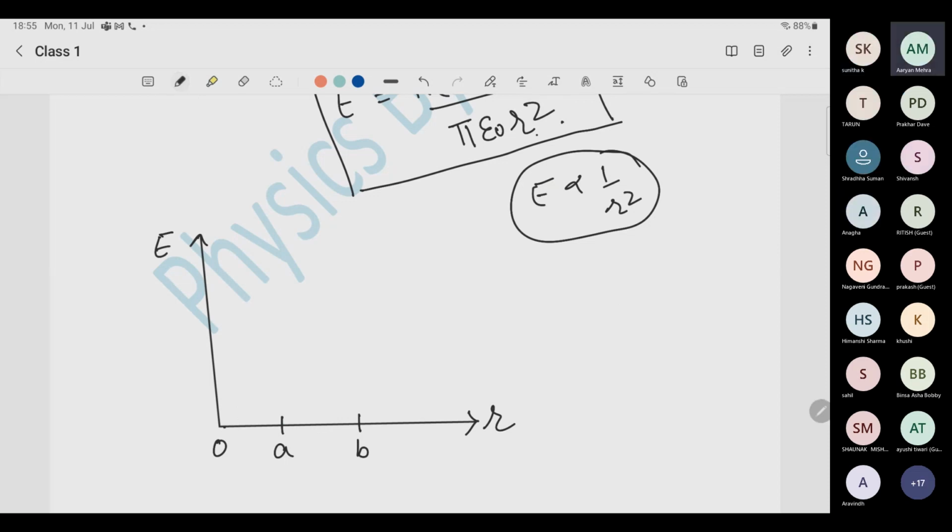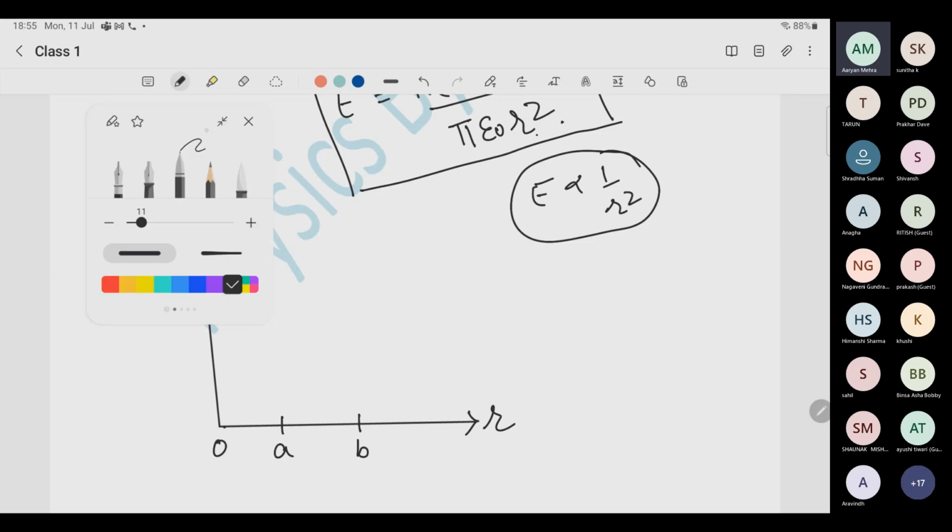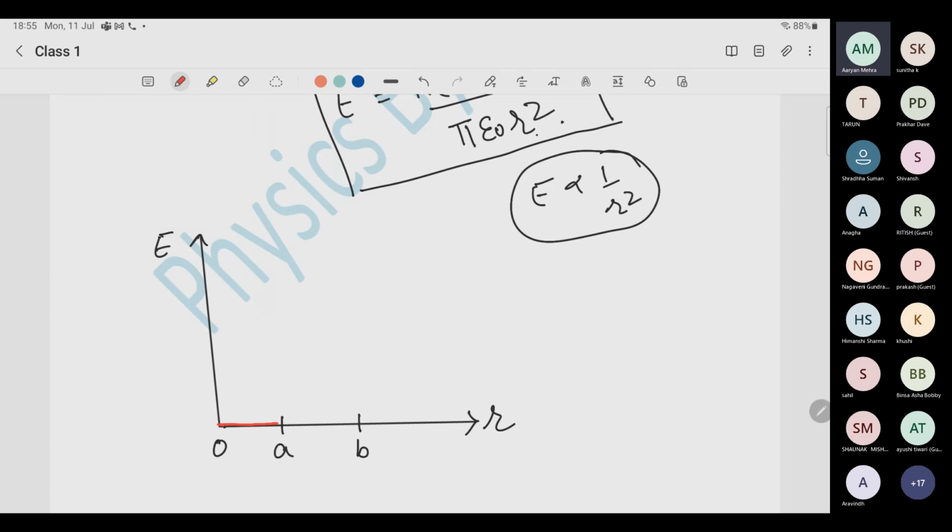Let me increase the pen size and change the color. So till A it is 0. Now it increases by amount R square, and then it starts to decrease by R square. Everybody understood how we plotted this? E directly proportional to R square, then E inversely proportional to R square.